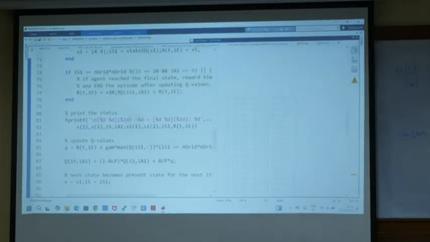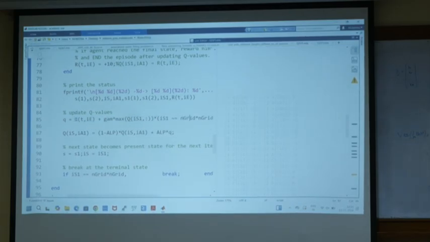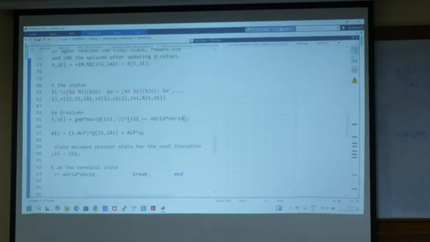So here I am printing the status, and here I am updating the Q values. So this is the instantaneous reward, and this is the updation equation. This is the previous Q, and alpha is the learning rate of the Q, and this is the Q value, that is here, R plus gamma and IS1. So this denotes what? If my next state is not the terminal state, then I will do this updation.